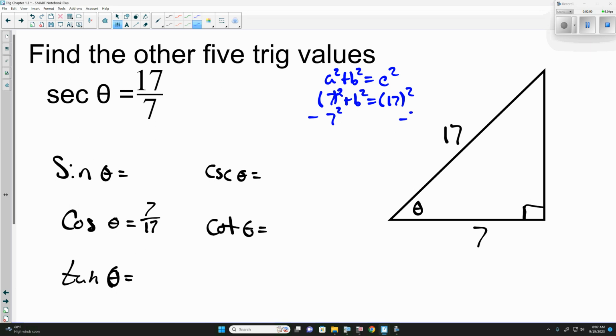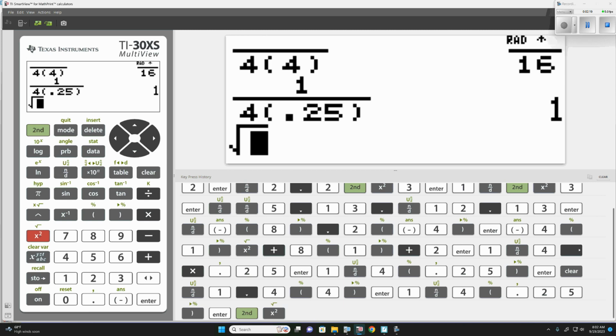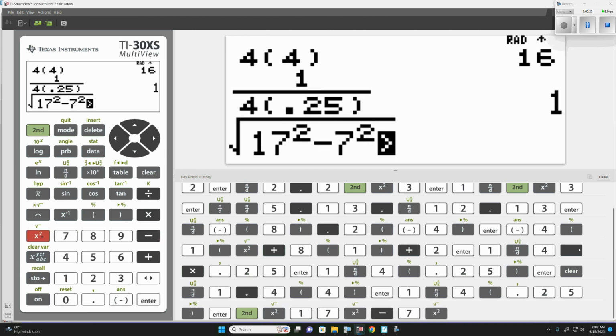Really, I can subtract 7 squared from both sides, telling us that b squared is equal to 17 squared minus 7 squared. And lastly, take the square root of both sides, telling us b is, well, the square root of 17 squared minus 7 squared, which is 4 square root of 15.